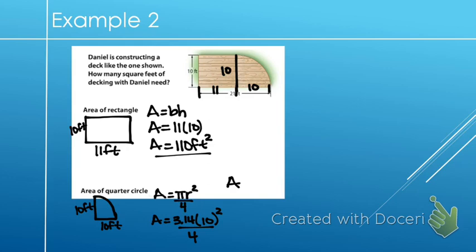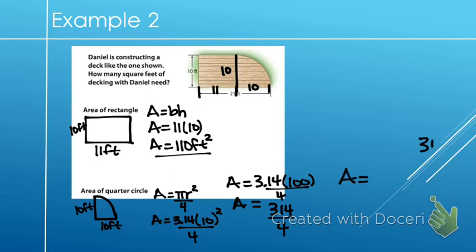Okay, so A equals 3.14. 10 squared we get is 100. So we get A, divided by 4. Okay, so 3.14 times 100, we get 314.